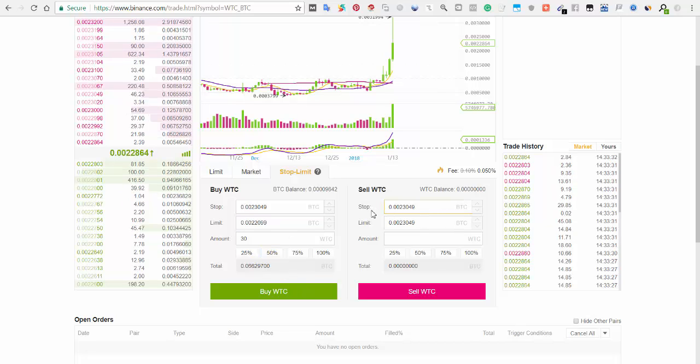Now, on selling, this is the stop and this is the limit. On stop is where you want to make sure you don't sell below this price in order to minimize your losses. So let's say you bought at this, okay, well, you successfully bought at this. You want to be selling somewhere, say 2.4, okay, and that would be okay. Let's say your stop limit will be at 2.399, and then your limit will be let's put it at 2.4.